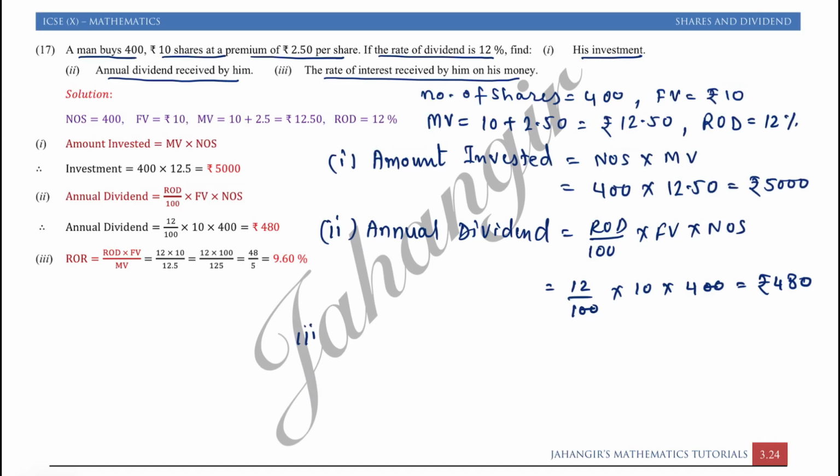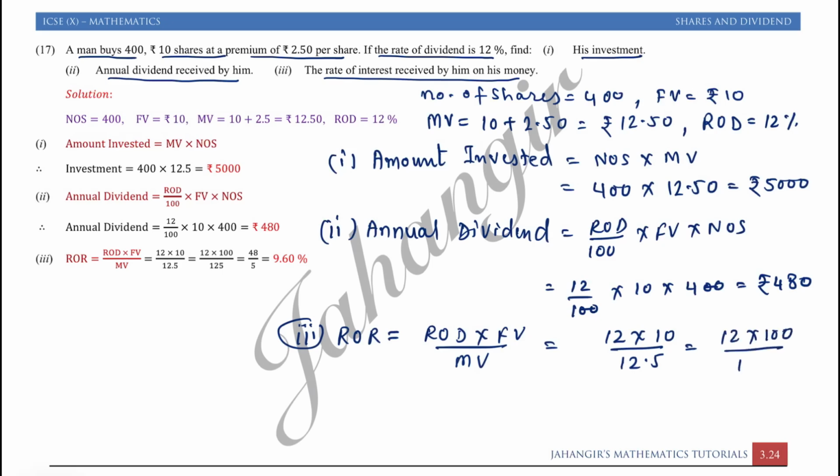Now third, here we want the rate of interest received by him on his money. So rate of interest is actually rate of return. So we will write rate of return is equal to rate of dividend into FV upon MV. So rate of dividend is 12% into FV is 10 rupees upon MV is 12.5. So removing the decimal you will get 12 into 100 upon 125.